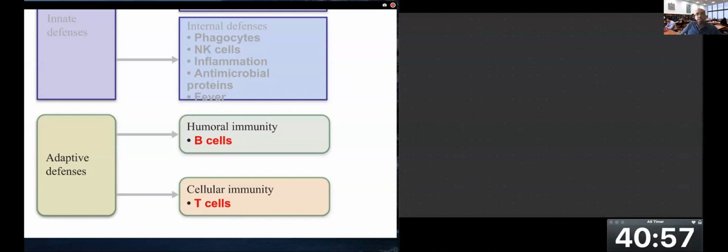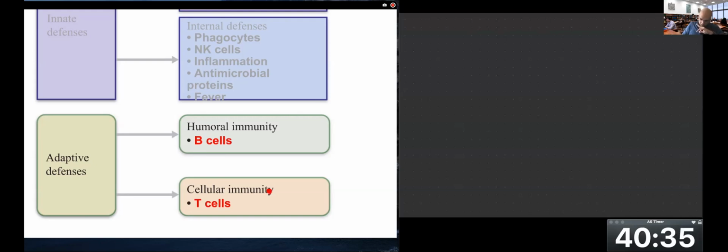We call the type of immunity mediated by the B lymphocytes humoral immunity. What I mean by humoral, it's mediated by the blood. So you release something in the blood that takes care of the infection. Or this is what they thought when they were naming it.